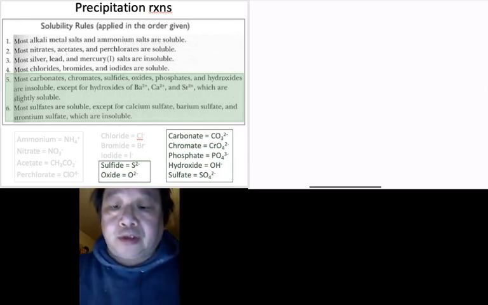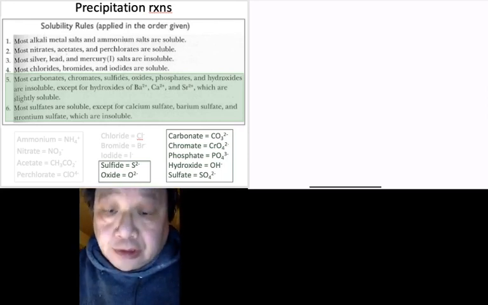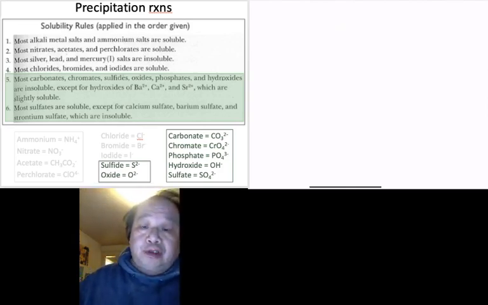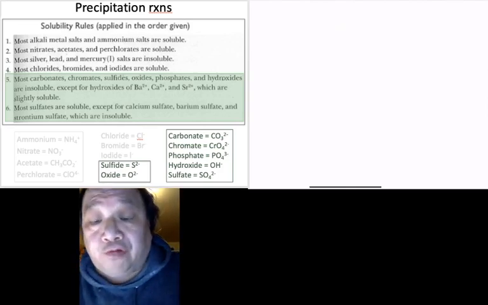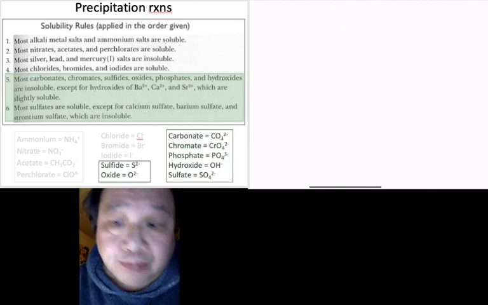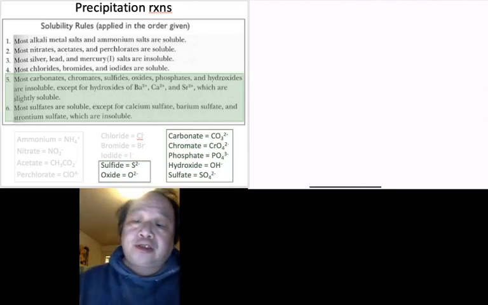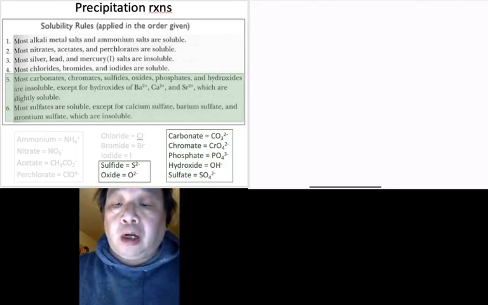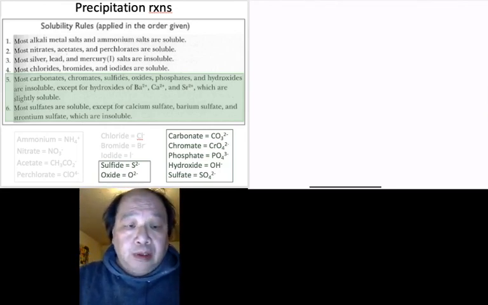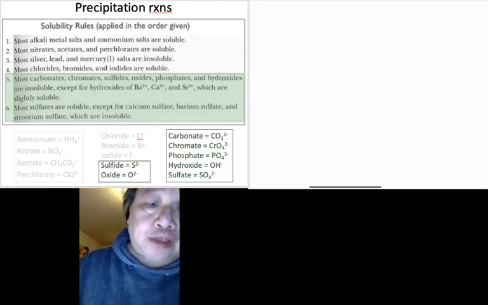And the 3 amigos then figure out in rule number 6, which is the reverse. Almost all sulfates are soluble, with the exception of the 3 amigos. Calcium sulfate, barium sulfate, and strontium sulfate are all insoluble. And that is just so much material. We should stop this clip right now.